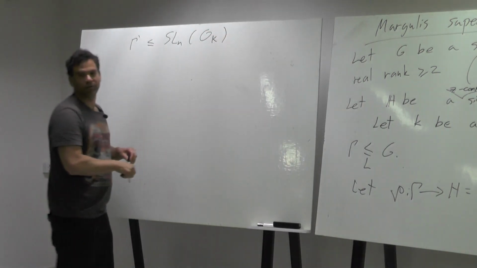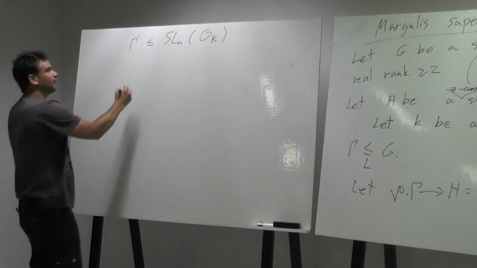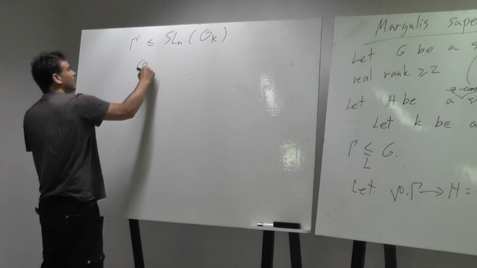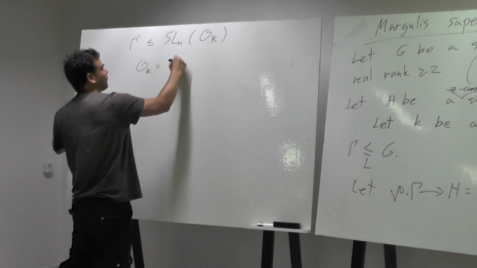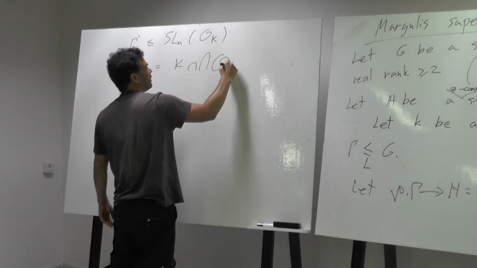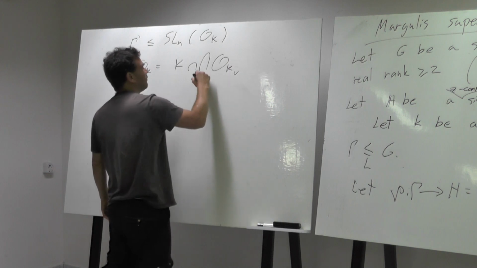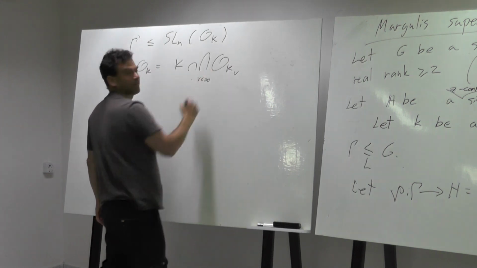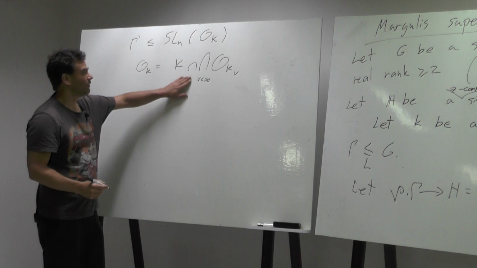I'm using this lemma from number theory that O_K is the intersection of K with all O_Kv for all finite valuations v.